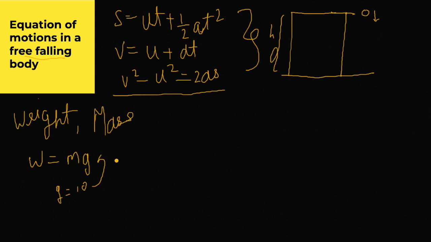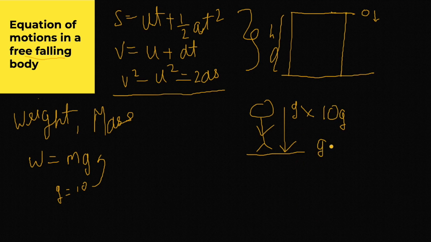That force that gravity is applying to bring you down to the ground instead of letting you fly is not g. If my mass is 10, then it would be 10g. We all know small g's value is nothing but 10, so technically this would become 100 newtons. So weight is equal to mg.